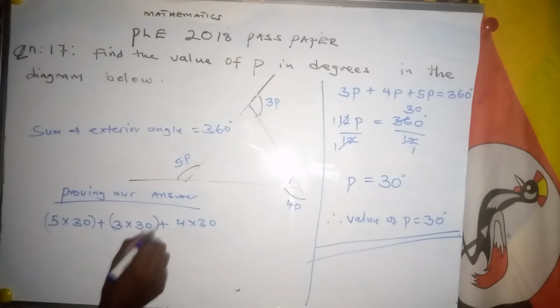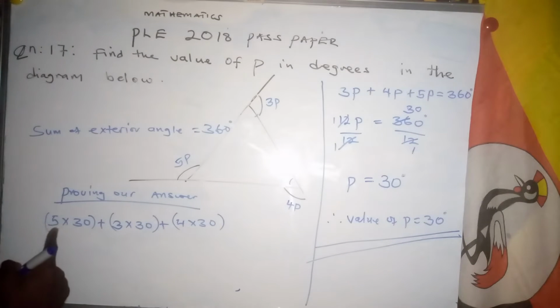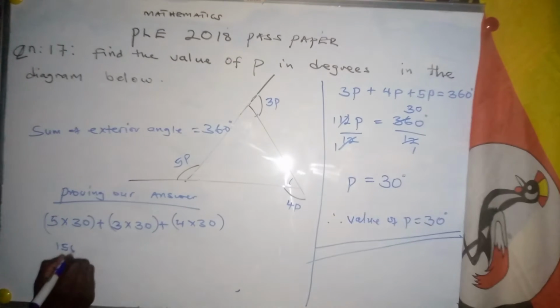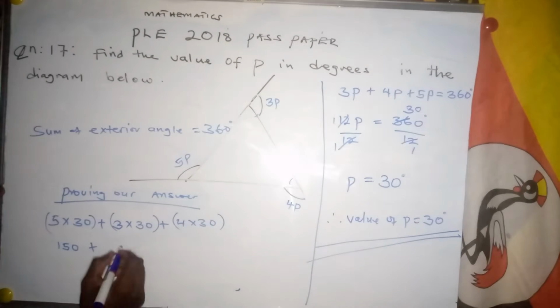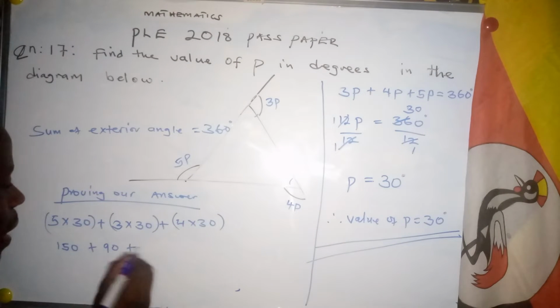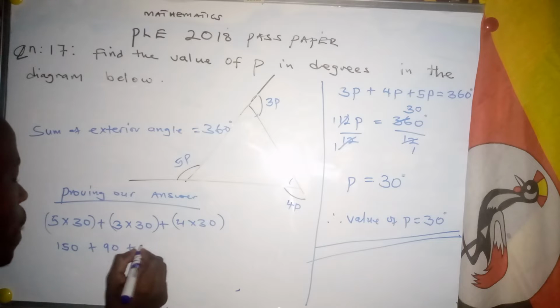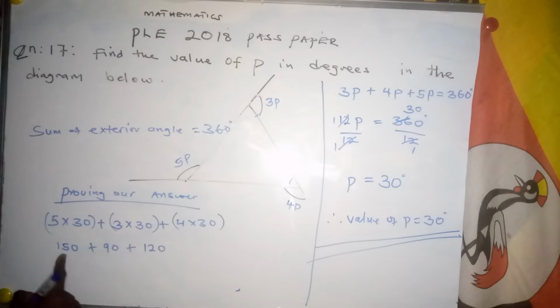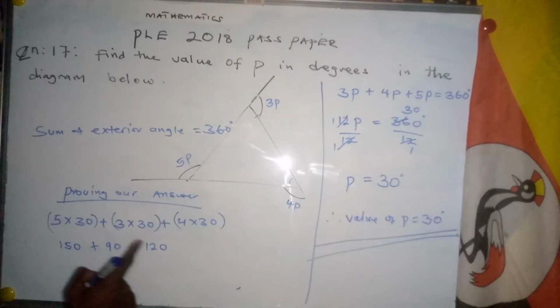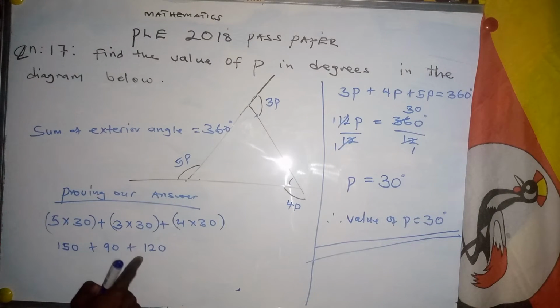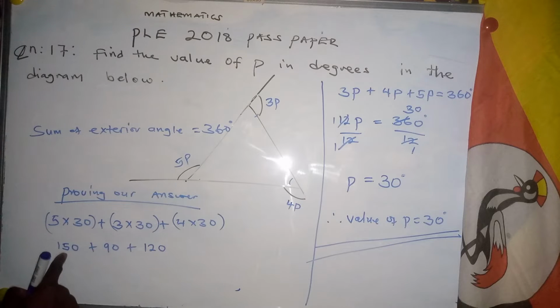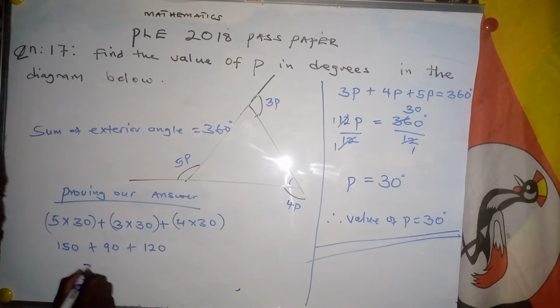So we're going to open the bracket. 5 times 30, you get 150, plus 3 times 30, you get 90, plus 4 times 30, we get 120. 150 plus 90 plus 120 gives 360 degrees.